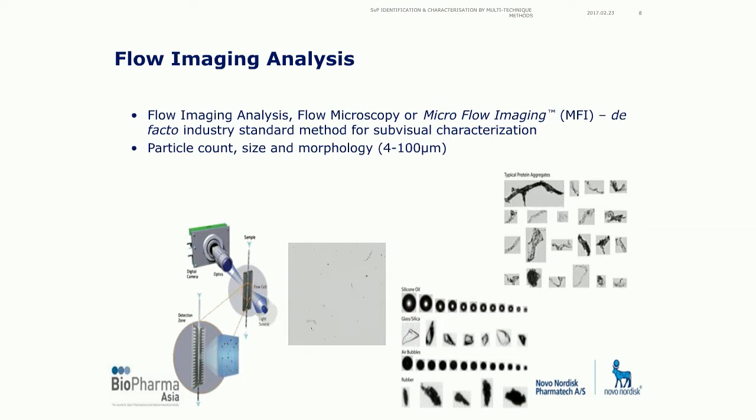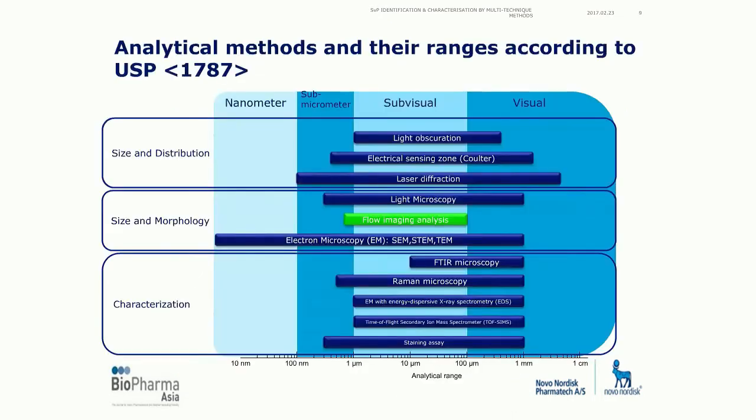And this is really a powerful tool when you compare it to, for instance, the well-known light obscuration, because here you can actually visually see the particles that you have in your vial. One thing that you don't get, though, is a spectral fingerprint of the individual particle. And in order to get such information, you need to look at other types of analysis.